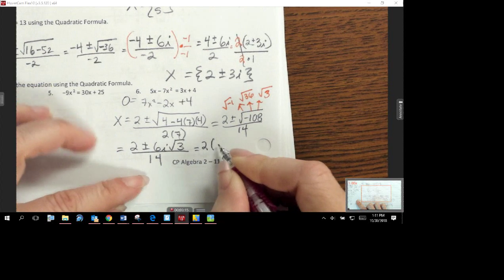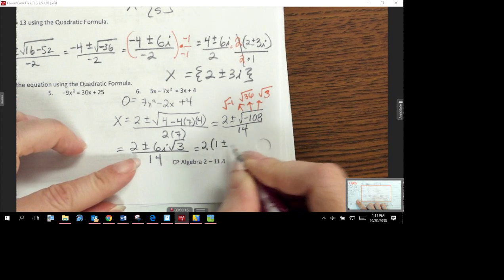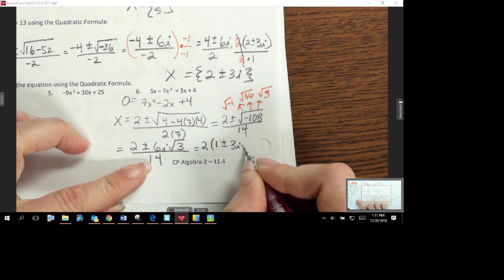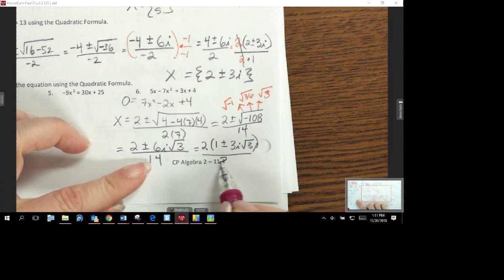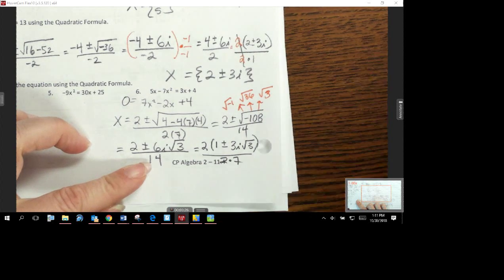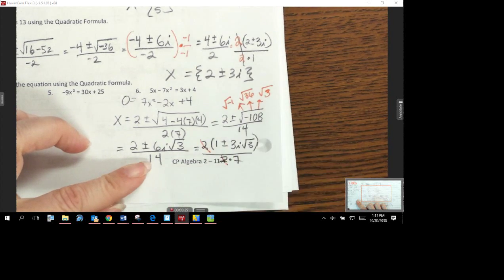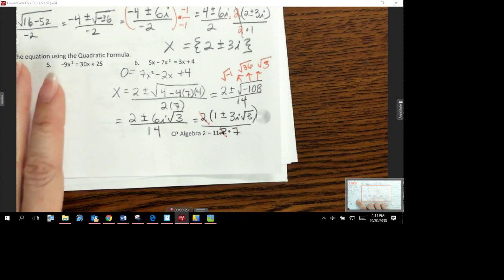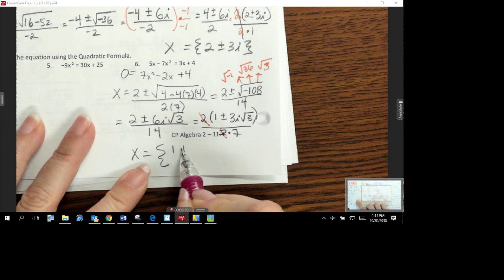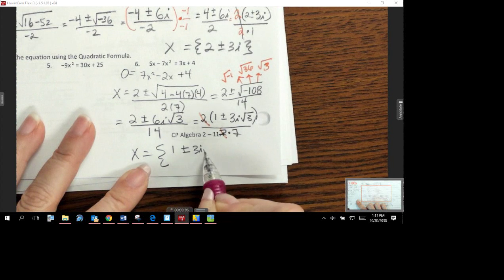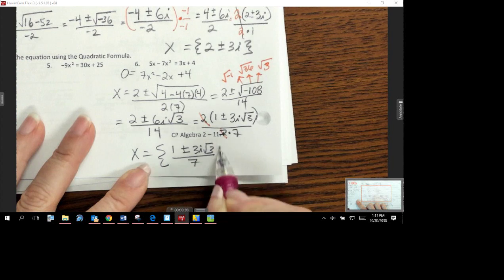Take out 2, we're left with 1 plus or minus 3i square root 3. And then on the bottom, 2 times 7. Then those 2's will cancel. So we have left over x equals 1 plus or minus 3i square root 3 all over 7.